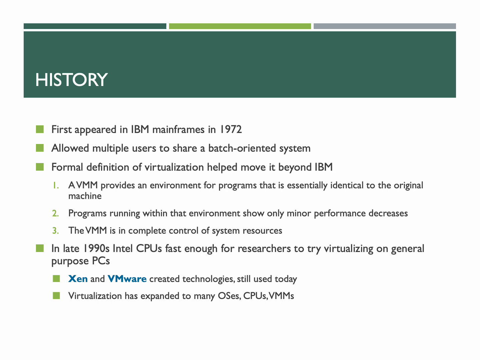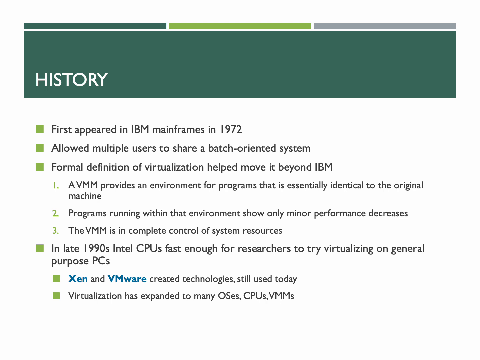Now, the formal definition of virtualization provided a framework that could be applied beyond IBM's proprietary systems, and described the three essential characteristics of virtualization. First is equivalence: a virtual machine provides an environment for programs that is essentially identical to the original machine.